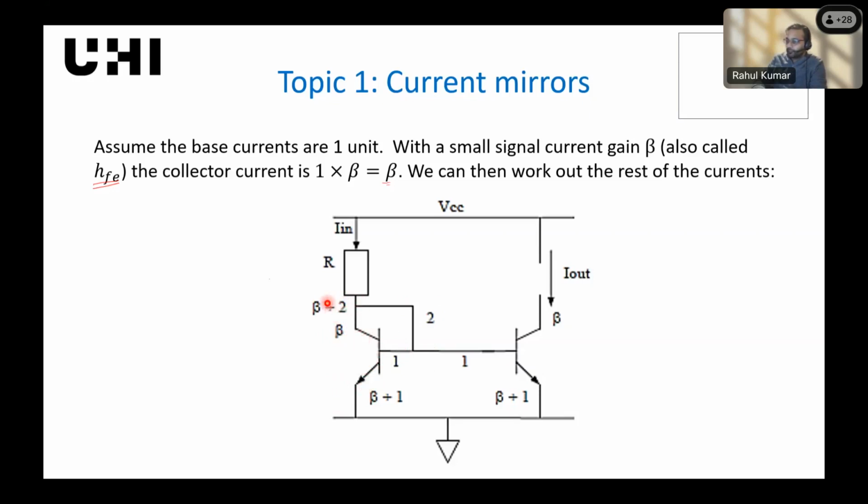So altogether, beta plus 2 should be your input current, right? And then you have beta here and 1 here. So altogether at the emitter side, the emitter current should be beta plus 1, and this should also be beta plus 1.